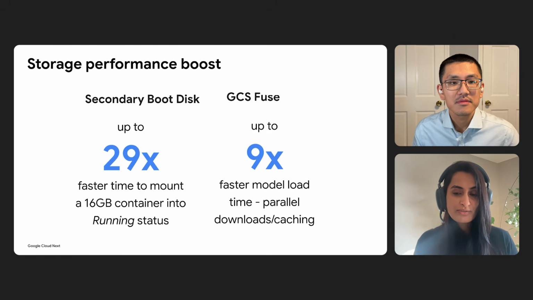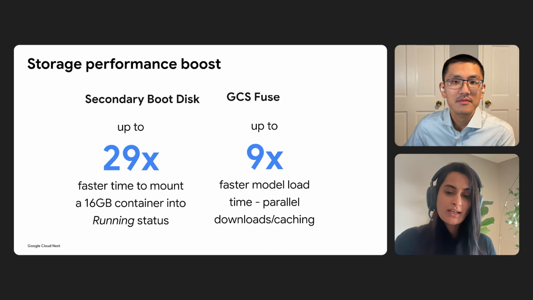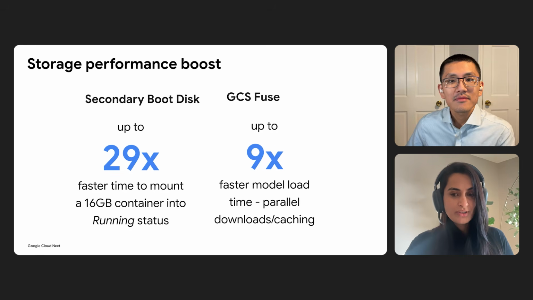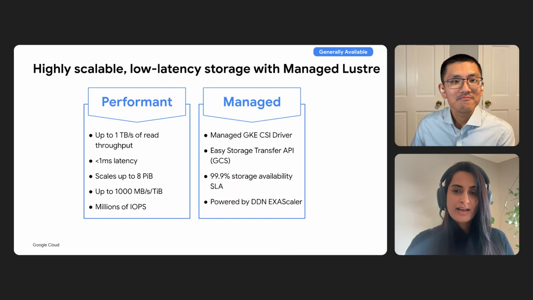And then there's GCS Fuse, which bridges the gap between object storage and a traditional file system, used to load faster with caching and parallel downloads. Use GCS Fuse with the CSI driver and a persistent volume claim. With parallel downloads and caching, you can gain up to 9x faster model load time with GCS Fuse.